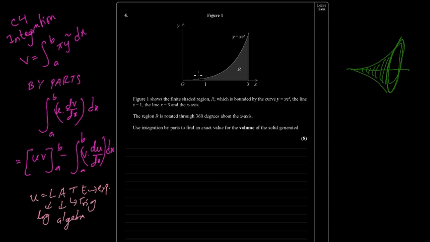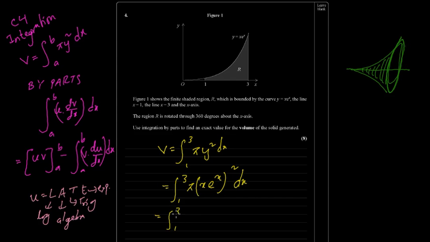So let's start. We have to find the volume. The formula for volume is volume equals limit 1 to 3, pi y squared dx. The equation is y equals x e to the power x, so (x e to the power x) whole squared. If you break this down, limit 1 to 3, pi x squared, (e to the power x) whole squared, which is e to the power twice x, dx.